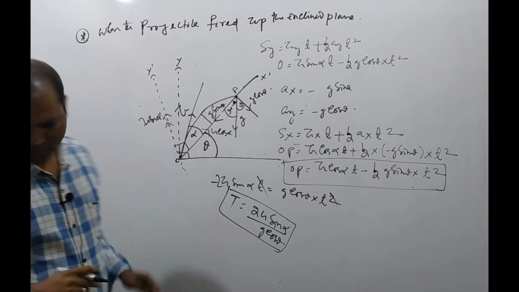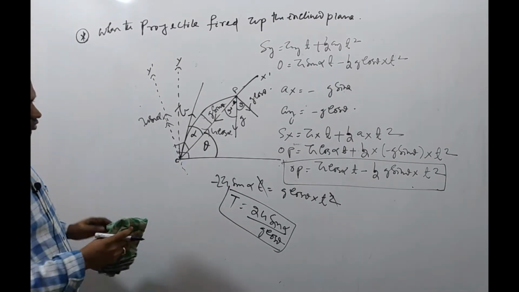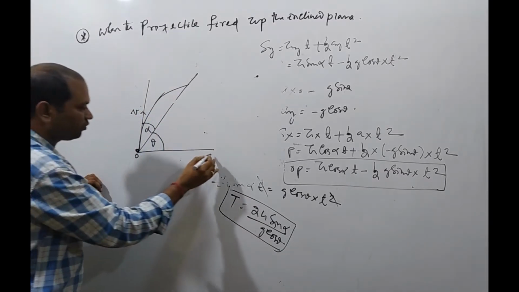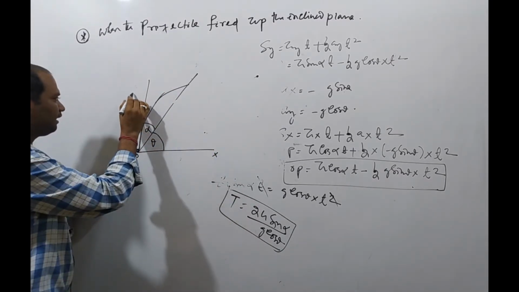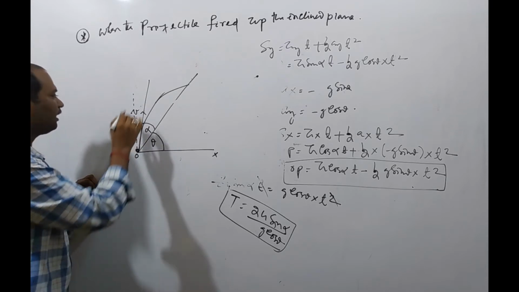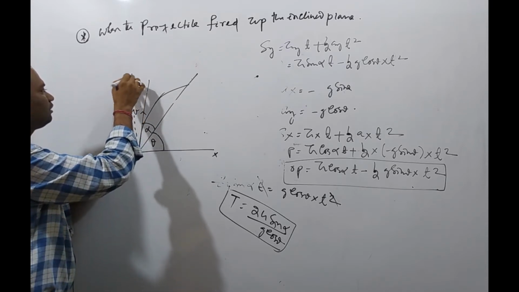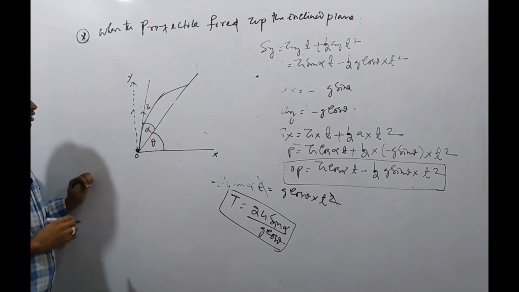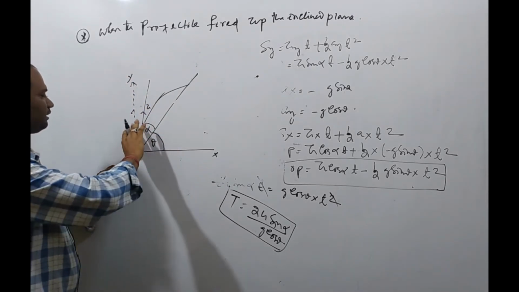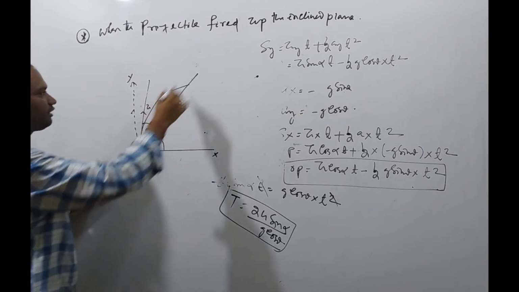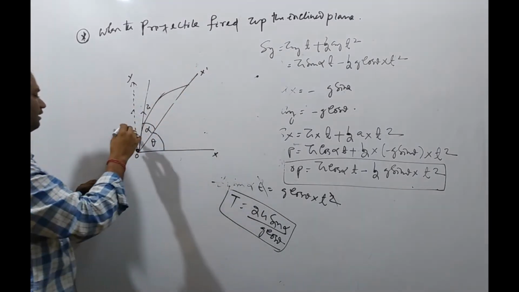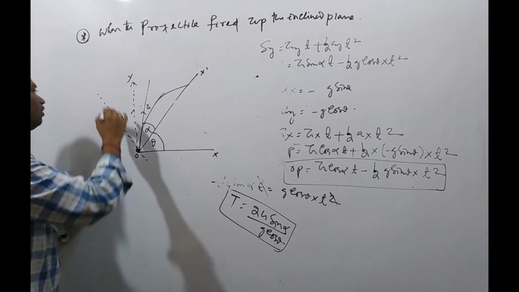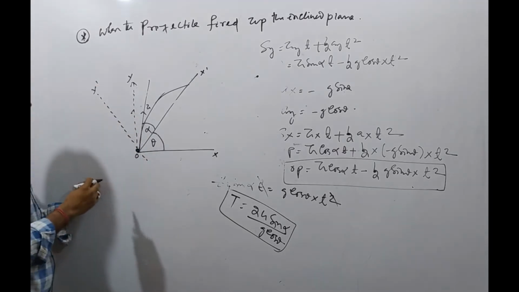Again I am telling you, it will be like this. Suppose this is the x axis and this is the y axis. This is x dash, O, x dash, and this will be O y dash.